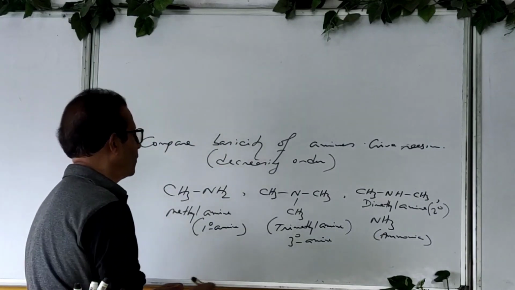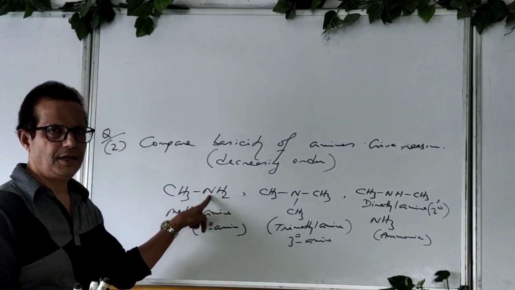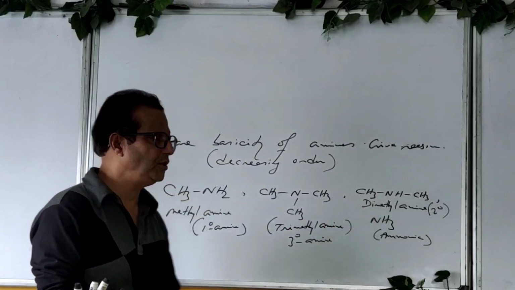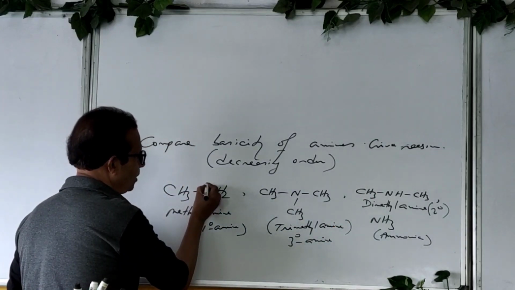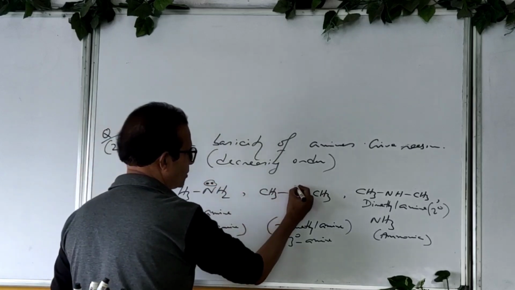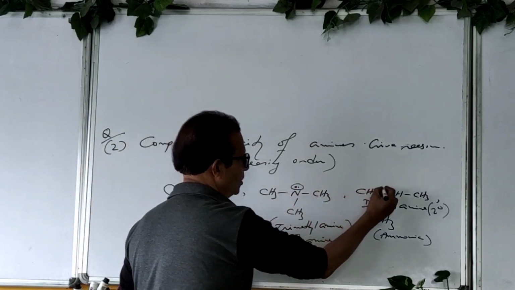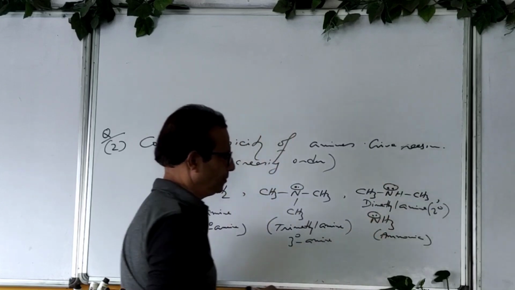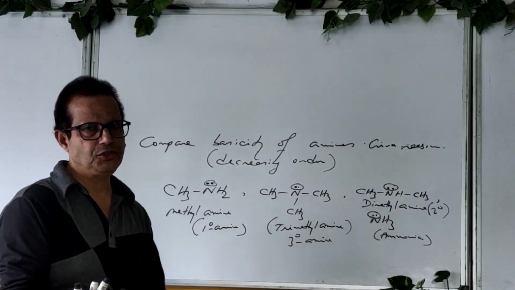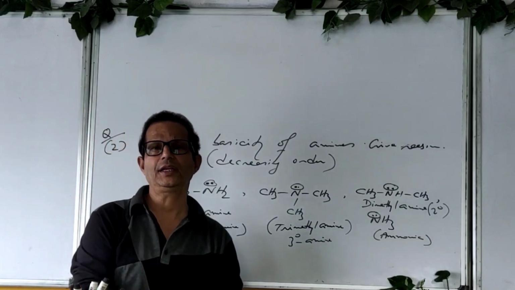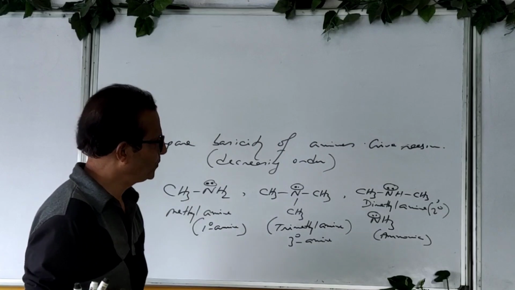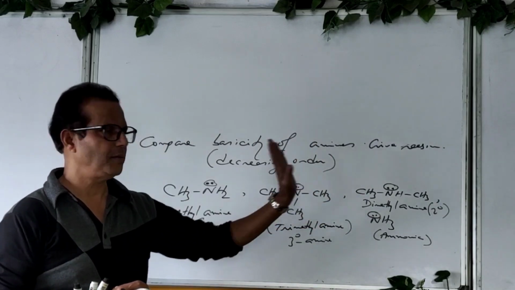Now, you know that whether it is primary, secondary, tertiary or ammonia, every one contains lone pair of electrons on nitrogen atom. The pair of electrons which do not take part in chemical bonding are called lone pair of electrons. So all are basic in nature.